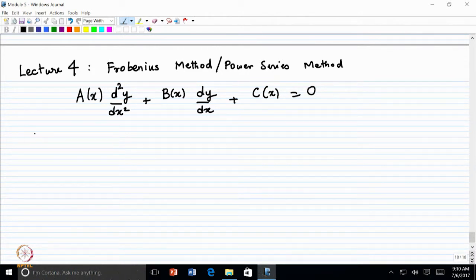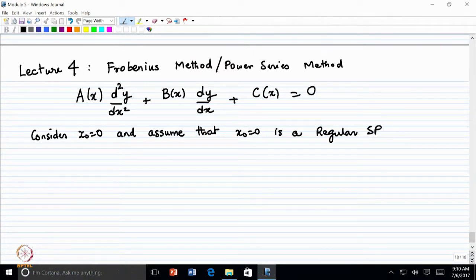Let us consider, for simplicity, x 0 equal to 0, and assume that x 0 equal to 0 is a regular singular point. You can do it for other cases also, but let me take the case where x 0 equal to 0 is a regular singular point. So, that is a of x 0 equal to 0, and you have the other conditions for the derivative.